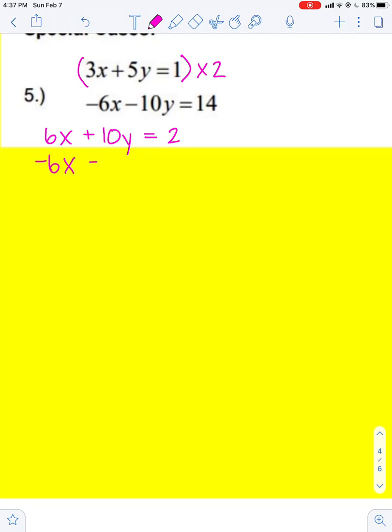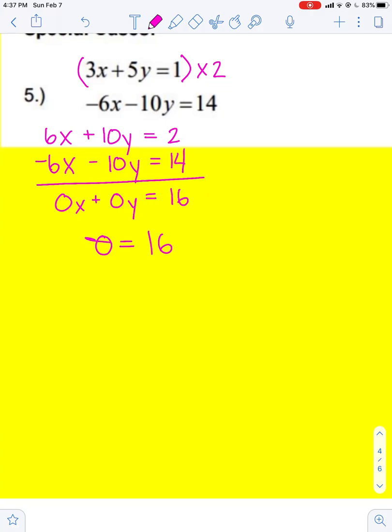And -6x minus 10y is equal to 14. So when I add these, I get 0x and 0y and then I get 16. So I get 0 is equal to 16, which makes absolutely no sense. So there are no solutions here.